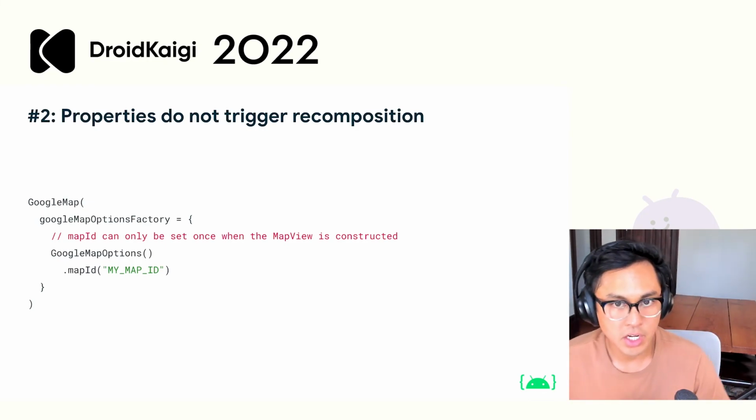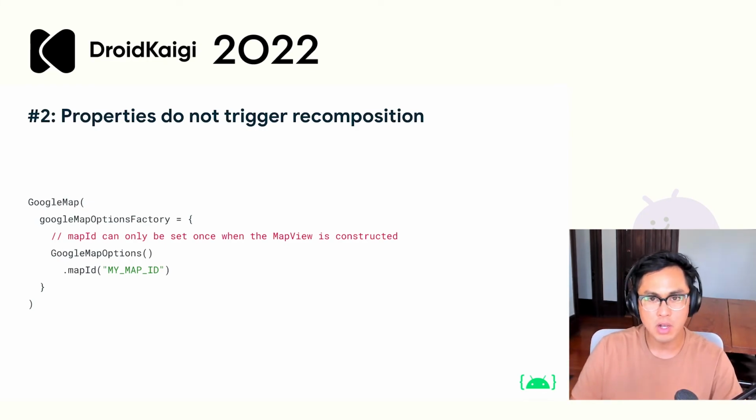And the last limitation I ran into is that some properties on the map view or on the Google Map cannot trigger recomposition since they cannot be modified at runtime. One example of this is if you want to provide a map ID to the Google Map, you can do so by creating an instance of a Google Map options object within this Google Map options factory lambda.